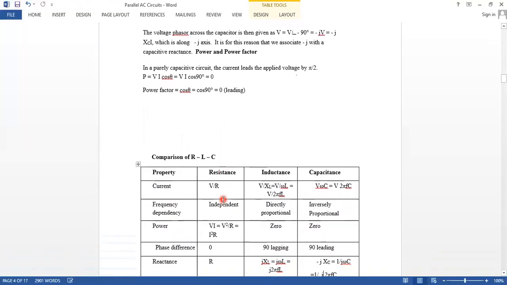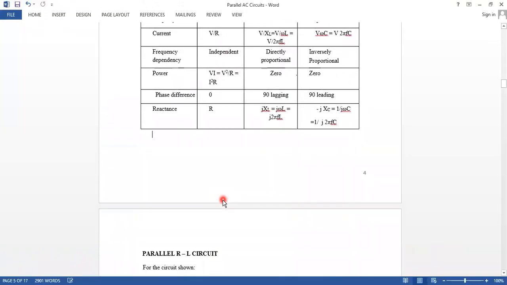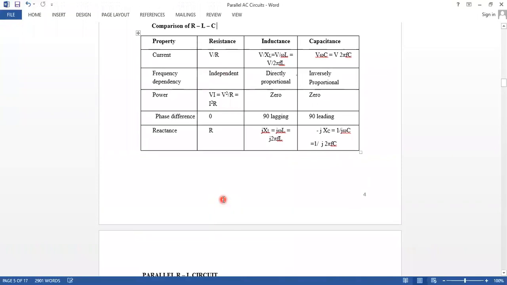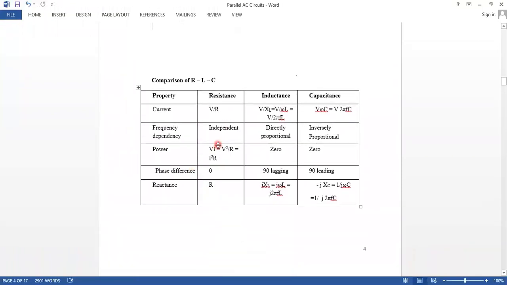Now if we come to the comparison table, we observe that in a purely resistive circuit, the current is given by V by R, and there is no frequency component, that is why it is independent.